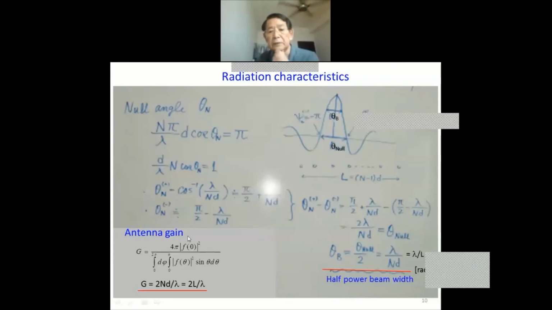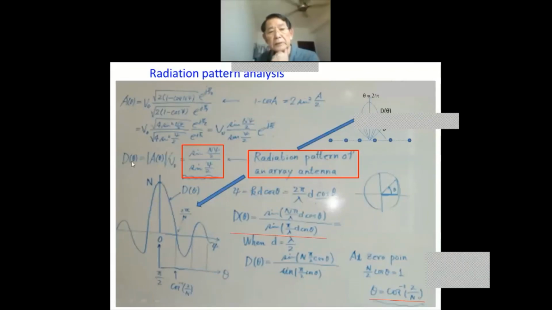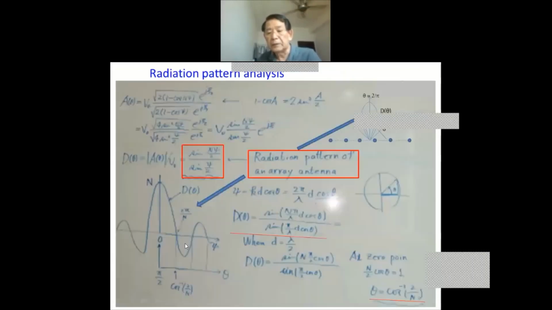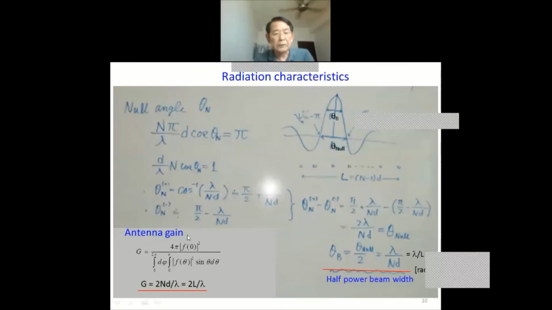So another important characteristic is antenna gain. For antenna gain, we obtain D, so this D is put here. So this is the all-direction pattern shown. However, this is only the center value.